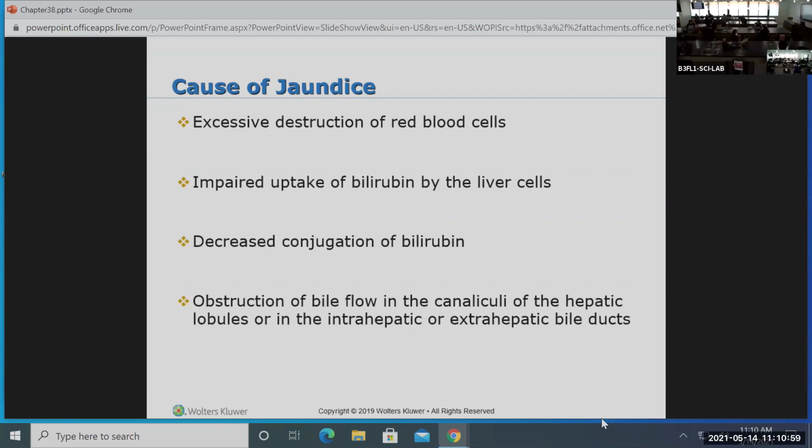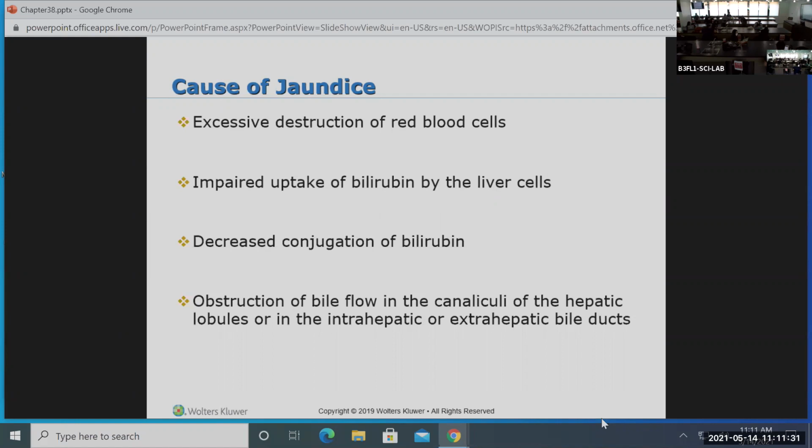When the RBC undergo destruction, they release heme and globin. Heme is converted into iron, biliverdin and bilirubin. The liver has some limit. If it goes beyond the limit of the liver, that bilirubin accumulates in the body tissues, and that causes jaundice.